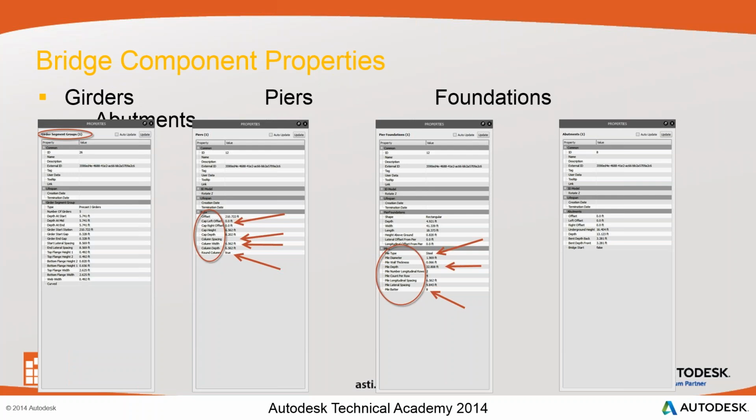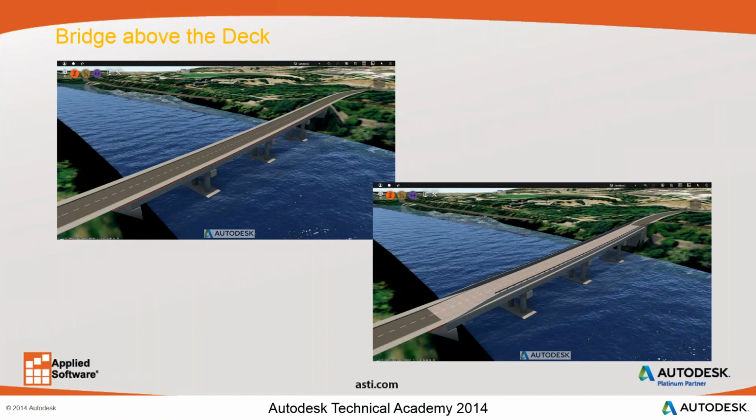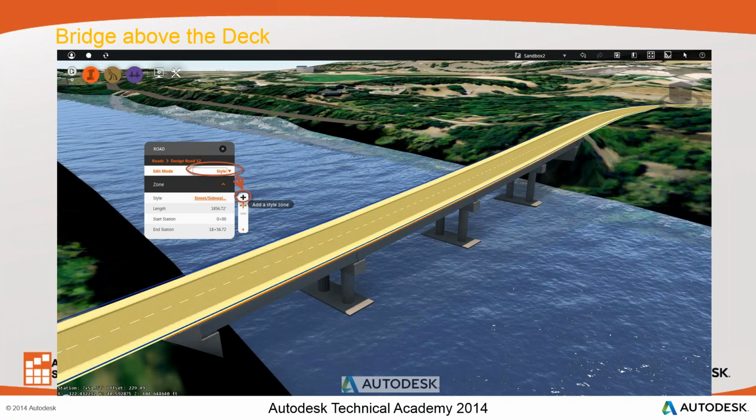We'll also take a look at abutments, girders, piers, and also foundations, and then the bridge above the deck, and also below. We'll take a look at some of these things as we go through the application, and at the functionality and flexibility that you can utilize with the newest version of InfraWorks.